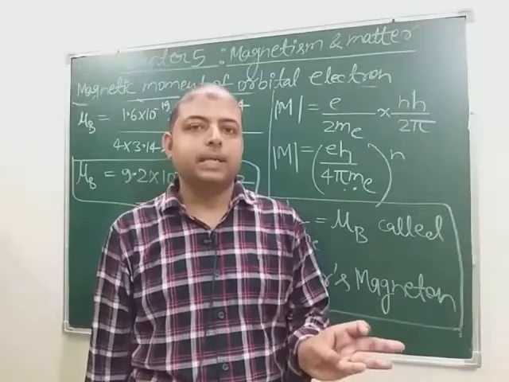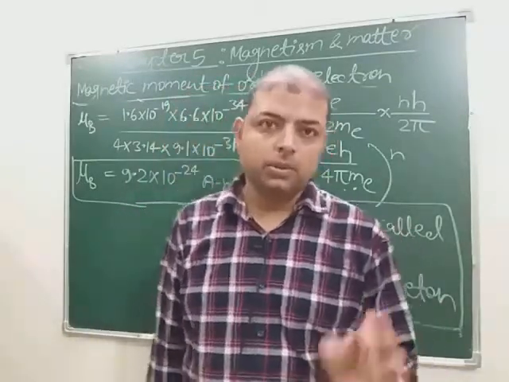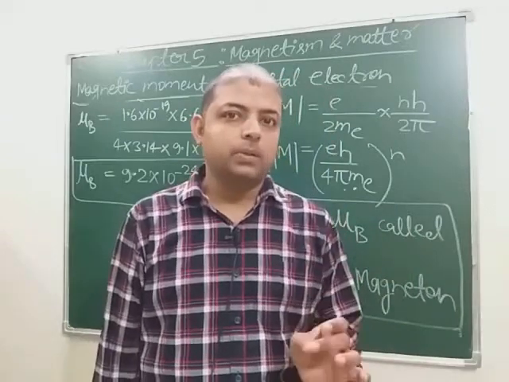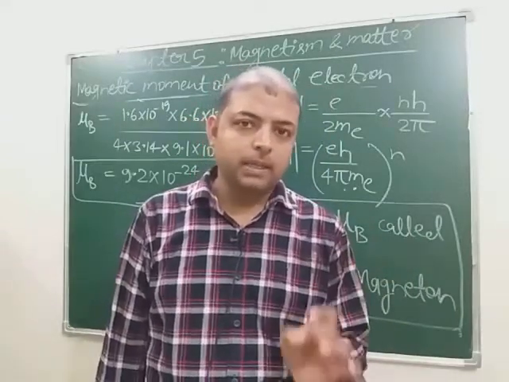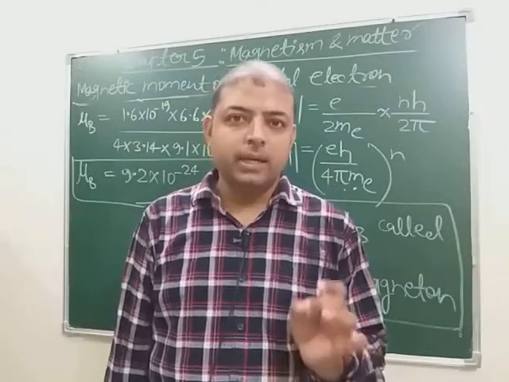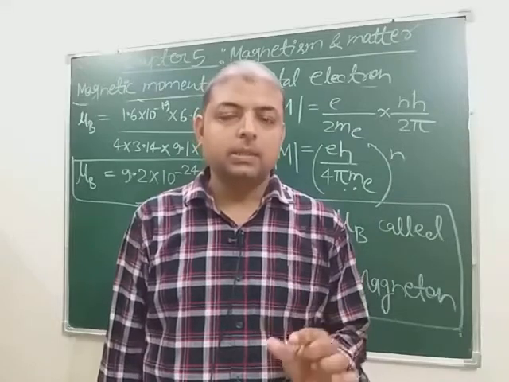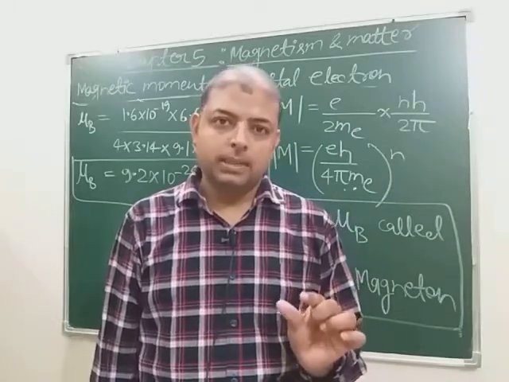The gyromagnetic ratio, the Bohr's magneton and the orbital motion of electron are very important for your board examination, and you can find some small numericals in competition sections like NEET or IIT.